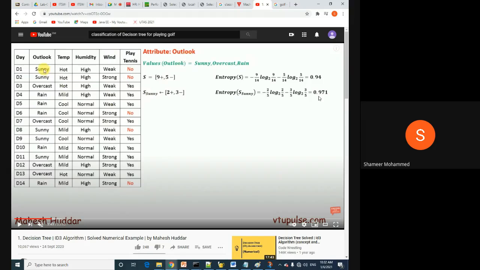With that you will get this formula and value. Similarly for rainy, and also overcast. Overcast has 1, 2, 3, 4 yes, positive, meaning cloudy, 0 negative. So you get this value.